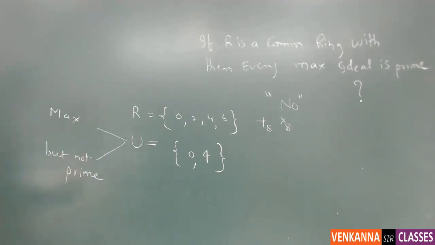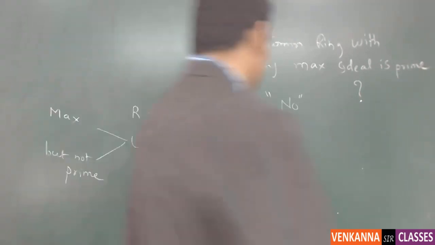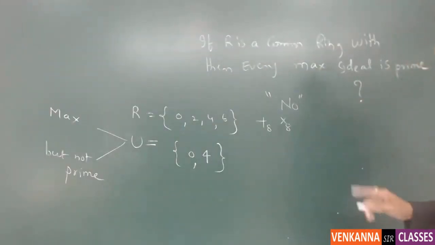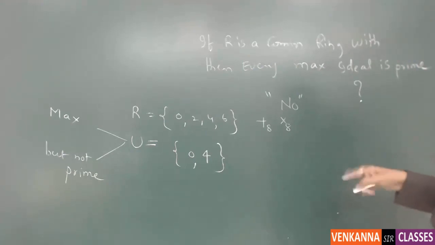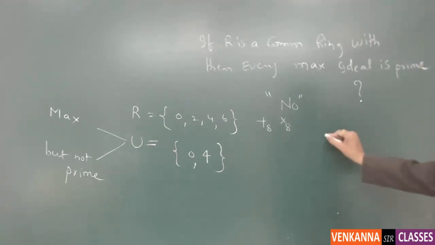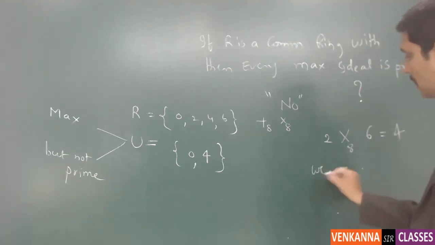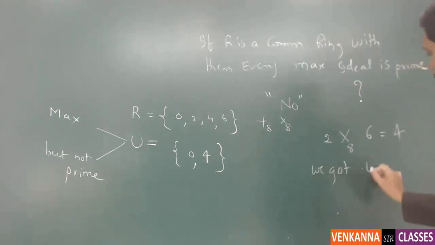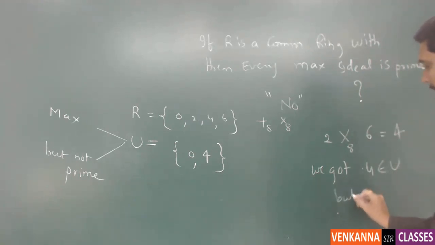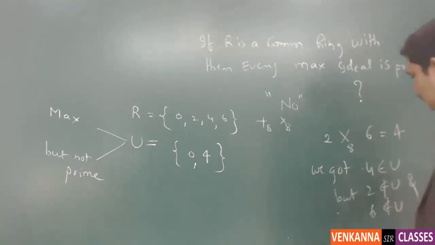So we can easily verify. Now understand that you can apply the operation, so we got 4 belongs to U, but 2 does not belong to U and 6 does not belong to U. Accepted?